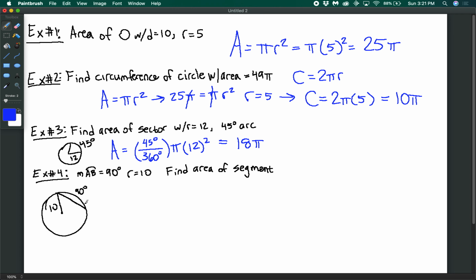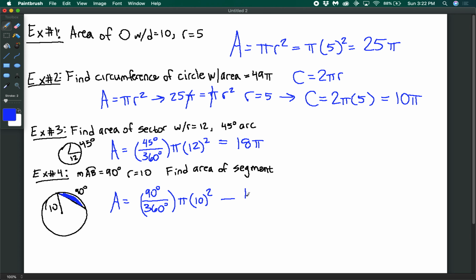Now let's do the weirdest one, where I want to find the area of this segment. The area has to be equal to the area of the sector, which is 90 degrees divided by 360 degrees times pi times 10 squared, r squared, minus the area of this triangle.